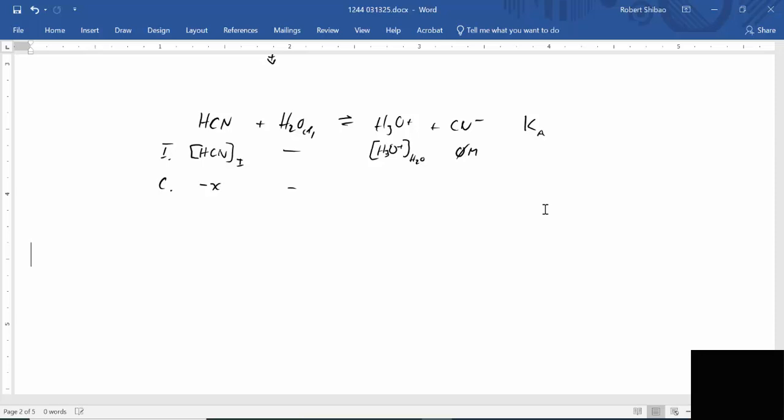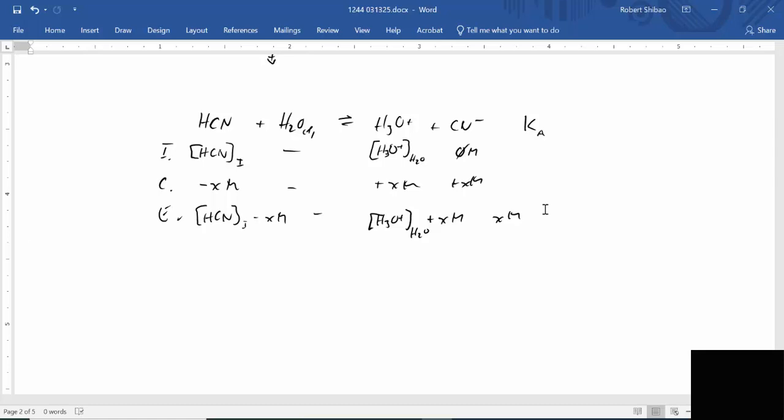But we aren't going to produce as much. So we're going to lose minus X of our original initial, and then we'll gain plus X molar here and plus X molar here. And so this is going to be the HCN initial minus X molar. And then over here we'll just have the H3O plus from the water plus the X. X is going to be the hydronium that's generated from the HCN. And then we're going to have X molar cyanide here.